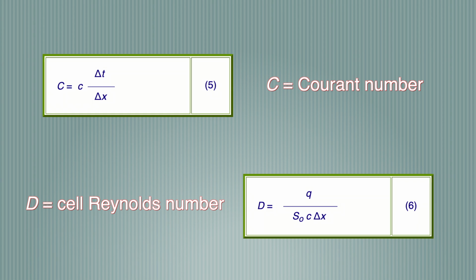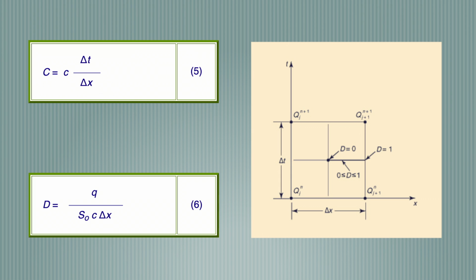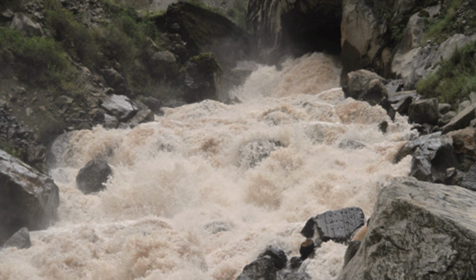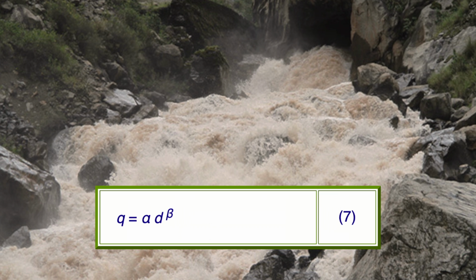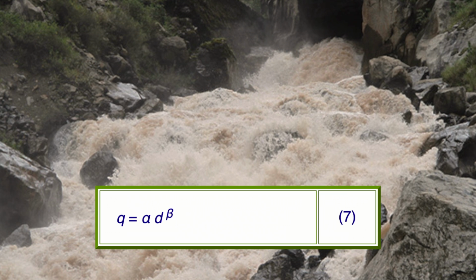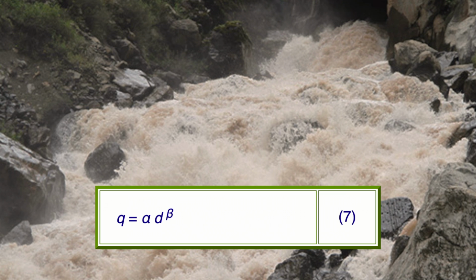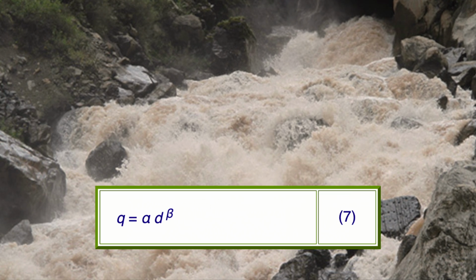In which C is the Courant number, and D is the cell Reynolds number, with delta T equal temporal interval and delta X equal spatial interval. The discharge depth rating is, in which Q equal unit width discharge, D equal flow depth, alpha equal rating coefficient, and beta equal rating exponent.